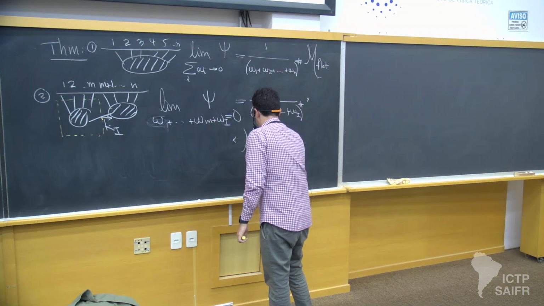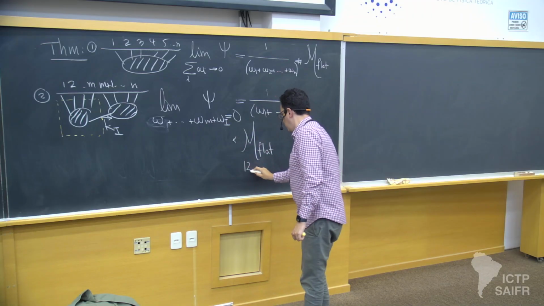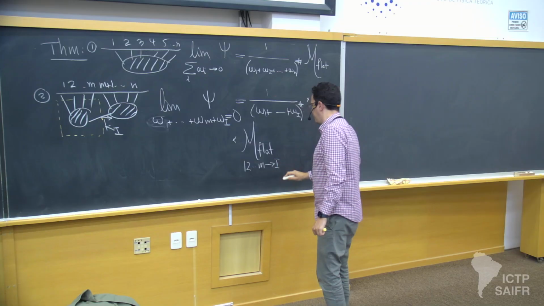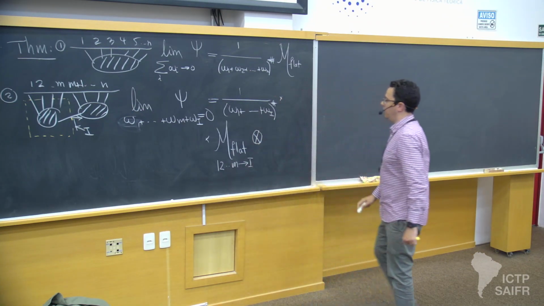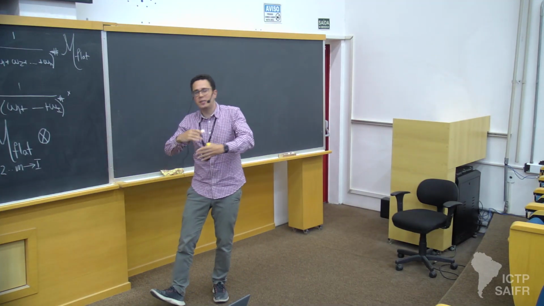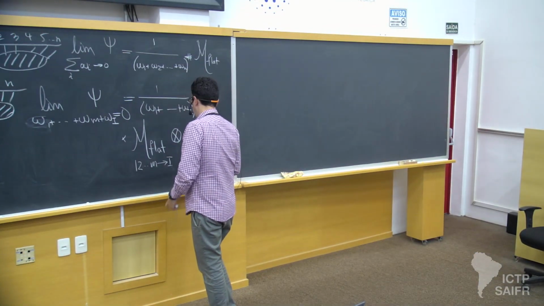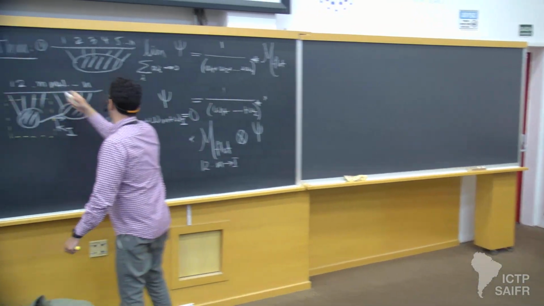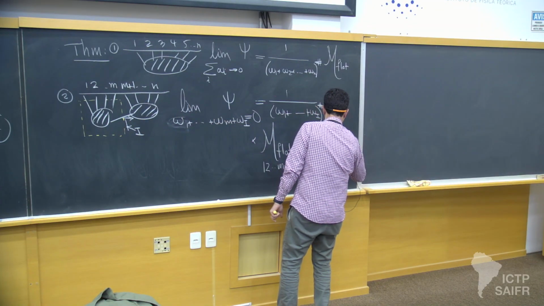So I get the m flat amplitude for 1 to m going into the intermediate, and this time requires some fine print that I don't have the time to go over. It's not multiplication, okay? It's some multiplicative-like operation times the wave function for the intermediate, m plus 1, n.